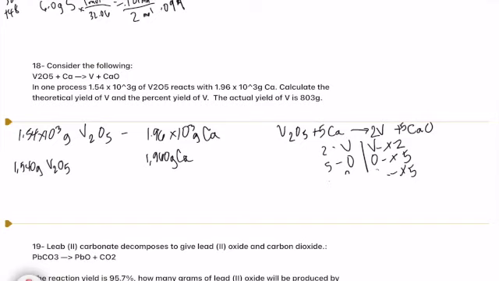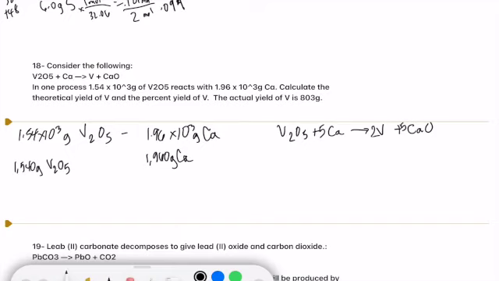Give ourselves some more workspace here, so I'm going to erase this chart. So we have our balanced equation. Let's go ahead now and look at our samples in grams. We're going to go ahead and convert those to moles.